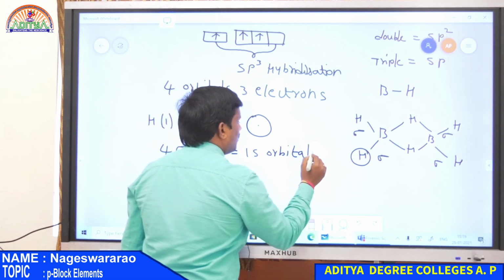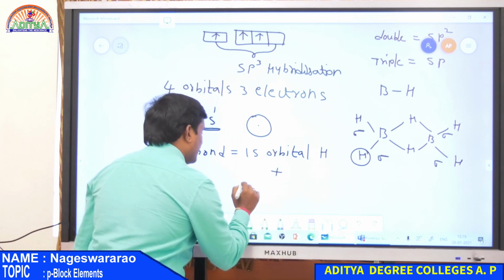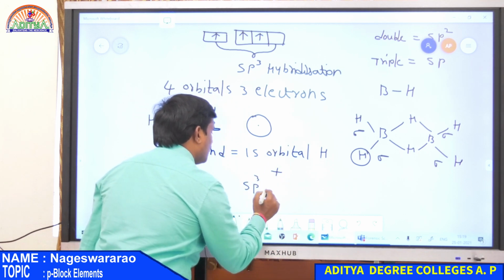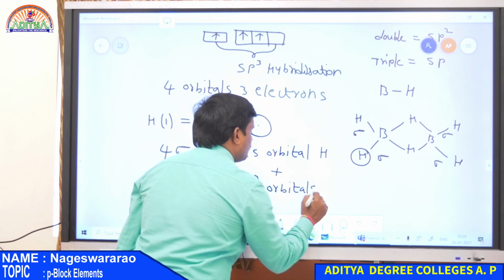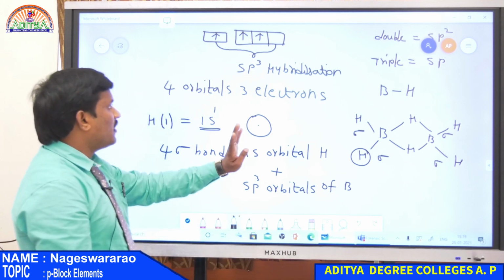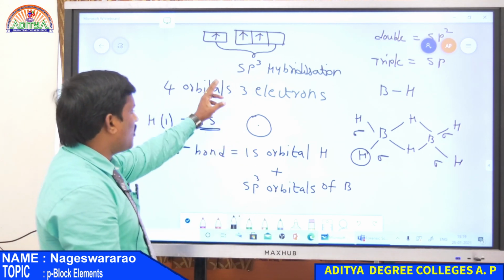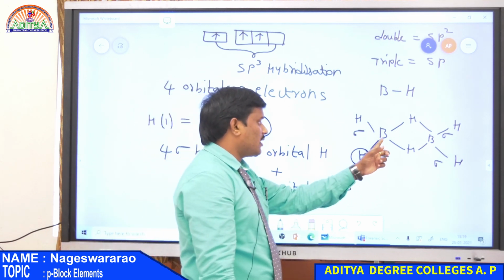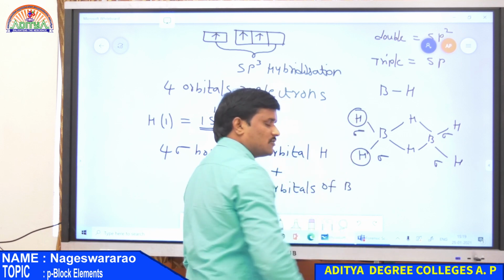So there are 4 orbitals. Out of 4, 2 orbitals are bonded with 2 hydrogens. So here the boron orbital overlaps with this hydrogen and this hydrogen also.